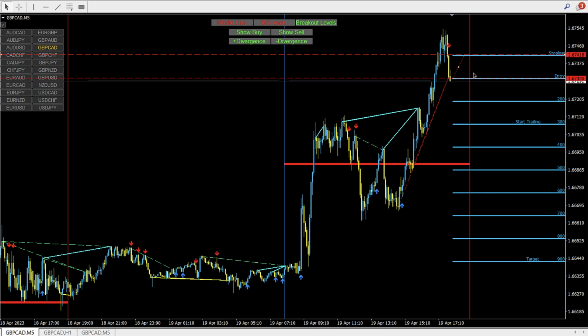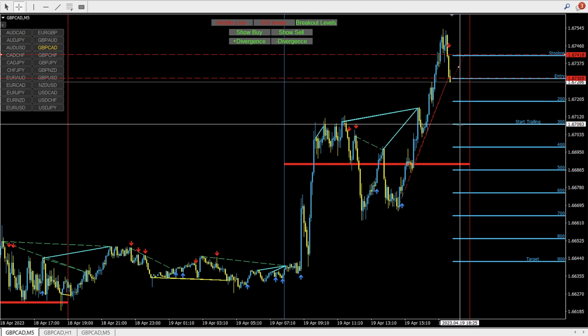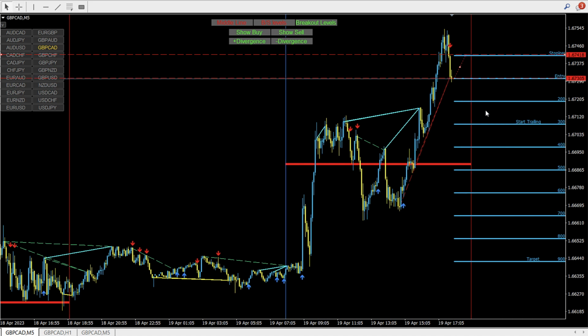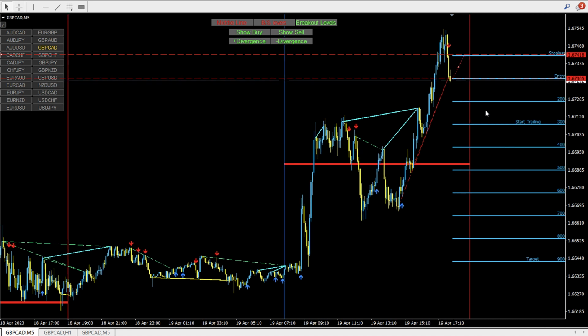If it reaches the 1 to 8, it's fine. If it doesn't, then you might want to target 2R or 3R, which means you want to recover the risk that you lost and then a little bit more. There are also several options for this one, which I will explain in later videos to show you how these things work.